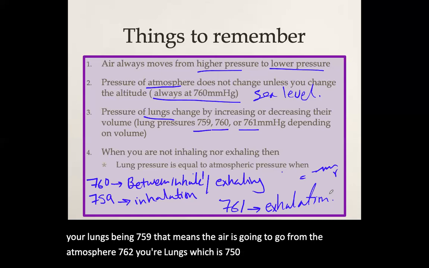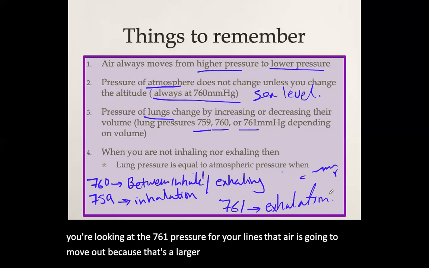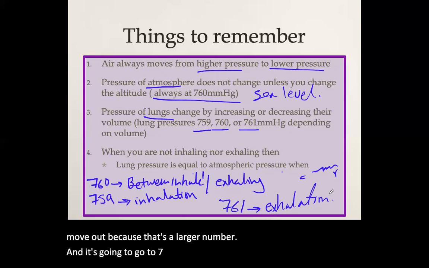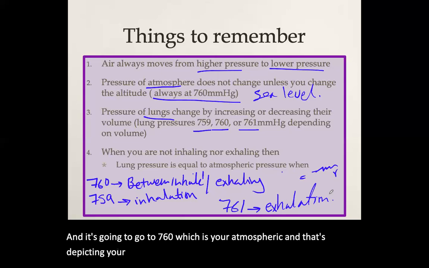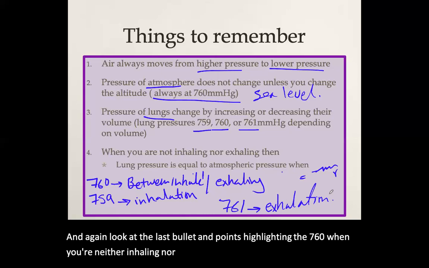That's inhalation. And when you're looking at the 761 pressure for your lungs, that air is going to move out because that's a larger number, and it's going to go to 760, which is your atmospheric. And that's depicting your exhalation. And again, look at the last bullet point, highlighting the 760. When you're neither inhaling nor exhaling, then the lung pressure is equal to the atmospheric pressure.